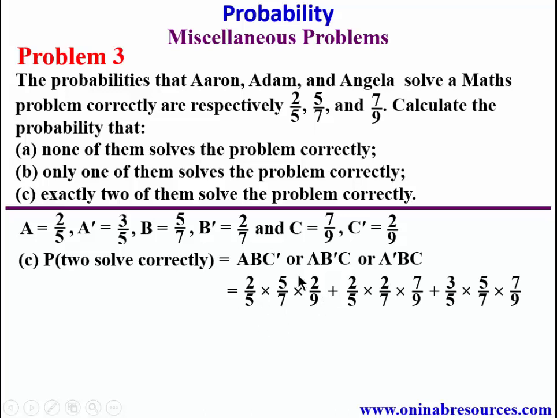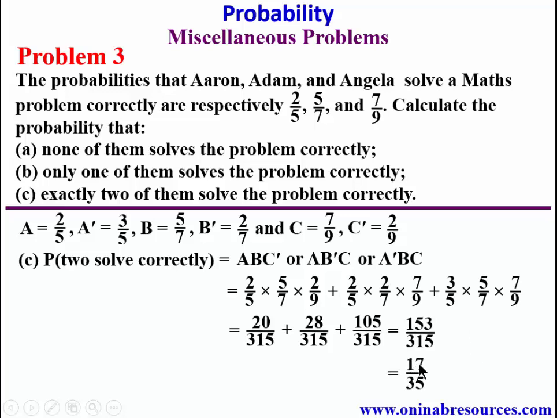So we have the numerator for the first set, we have 20 over 315 plus 28 over 315 plus 105 over 315. That's 21 times 5. So adding the numerators, I have 153 over 315. This is divisible by 9, or in the simplest form, we have it as 17 over 35. And that's the end of solution to miscellaneous problem 3.